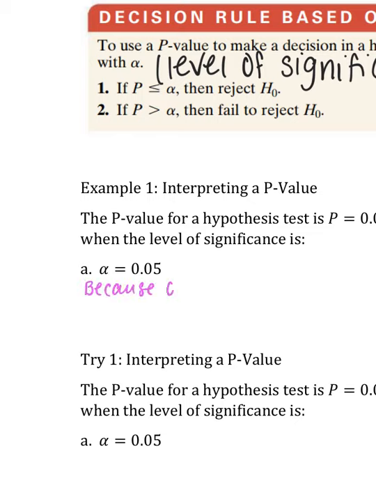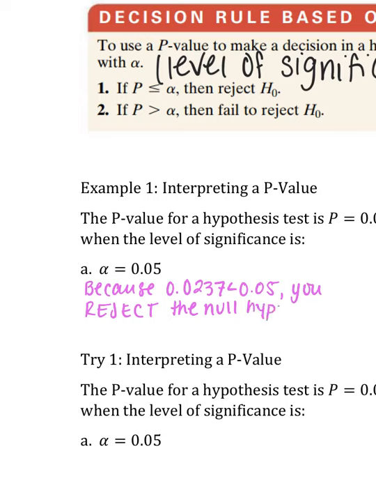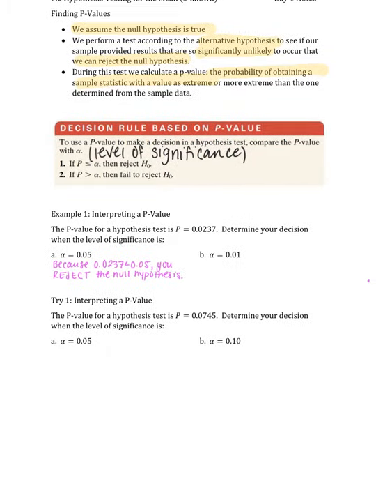So for part A, because 0.0237 is less than our level of significance of 0.05, you reject the null hypothesis. Okay, so since it's less than our level of significance, we reject it.